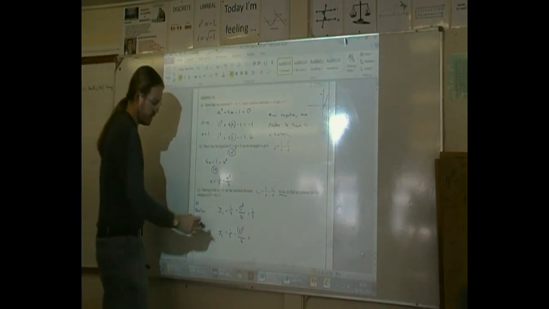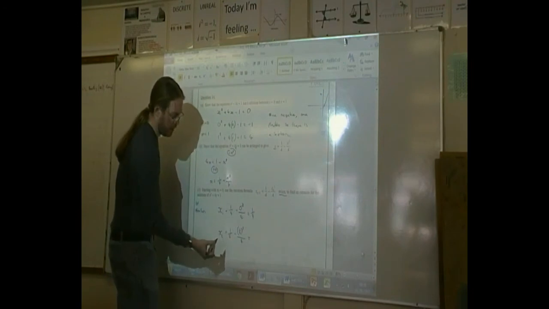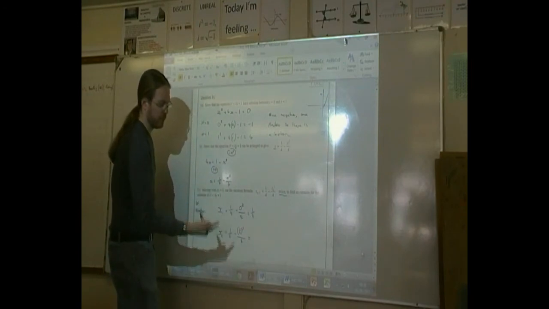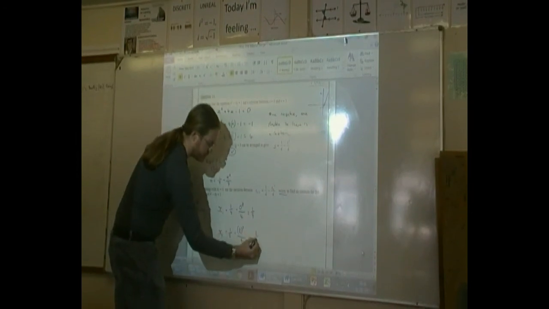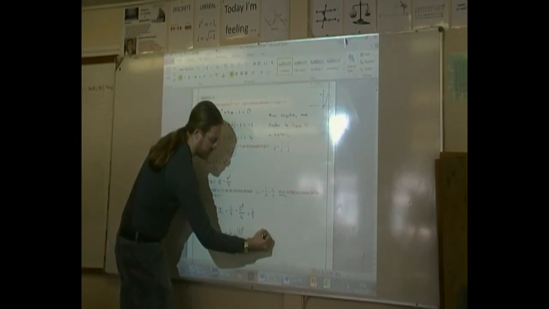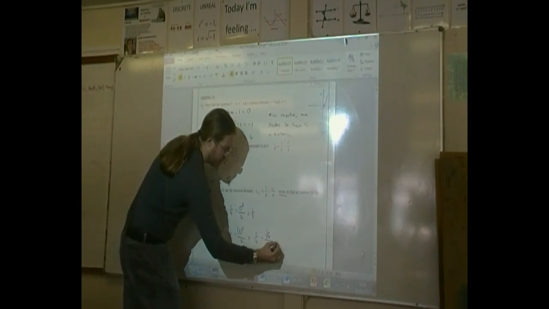So 1/4 cubed is 1 over 4 times 4 is 16 times 4 is 64. That's going to be 1/4 minus 1 over 64 over 4.